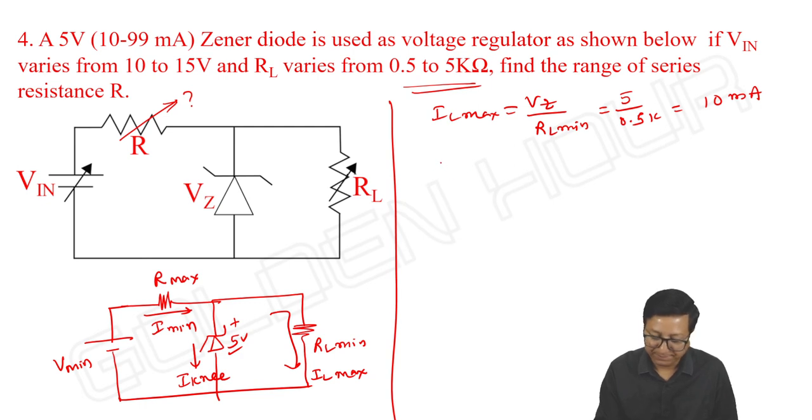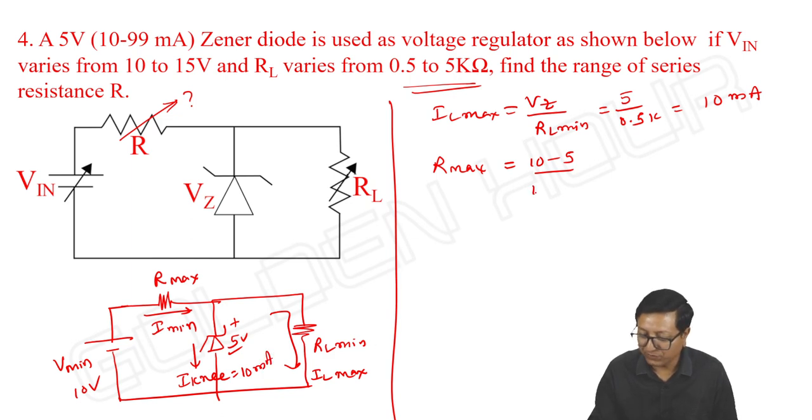Then R maximum is equal to, what is V minimum? It is 10 volts. 10 minus 5 by the knee current, which is 10 milliampere, plus 10 milliampere. How much do you get? 5 by 20, 1 by 4, which means 250 ohms.